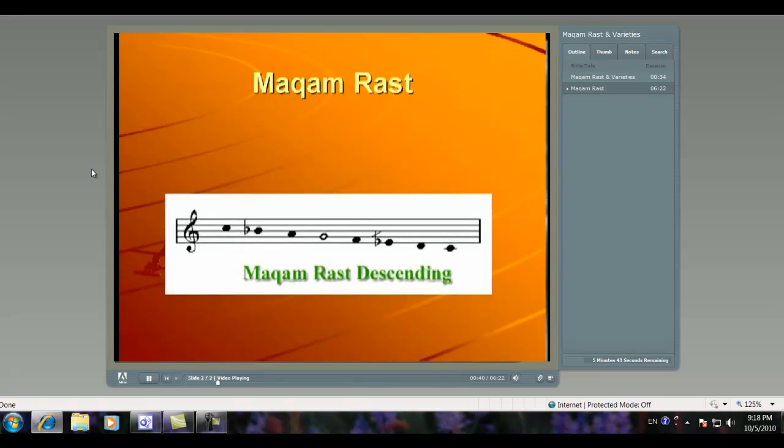However, upon descending, its second tetrachord becomes a Nahawand tetrachord on Sol. This arrangement includes a lowered seventh.